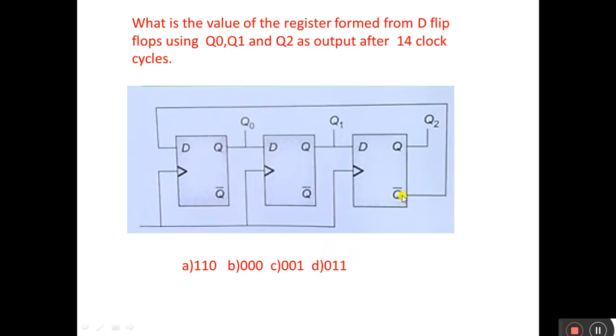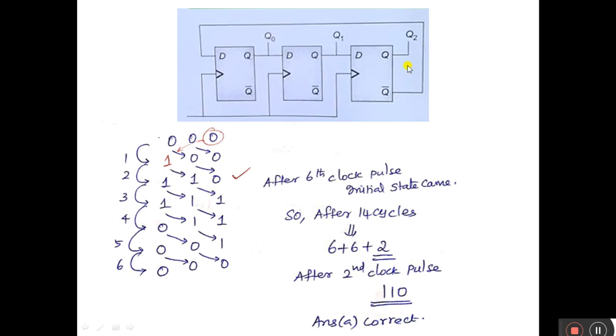See here, this Q bar is connected here. So now D equals Q bar, and the other Q is connected to D directly, with the same value. Based on this, we need to find Q0, Q1, Q2 after the 14th clock cycle.